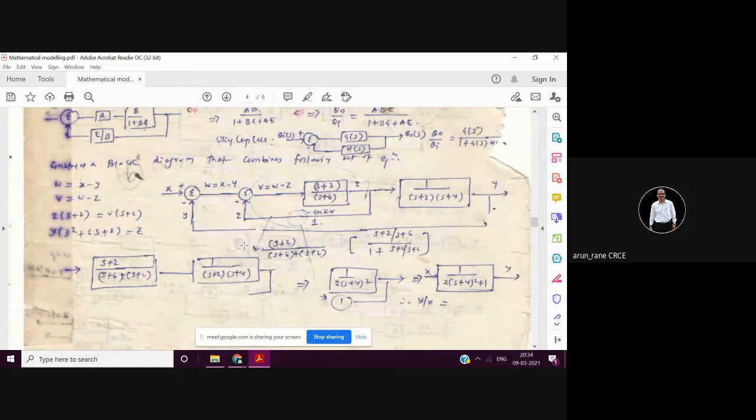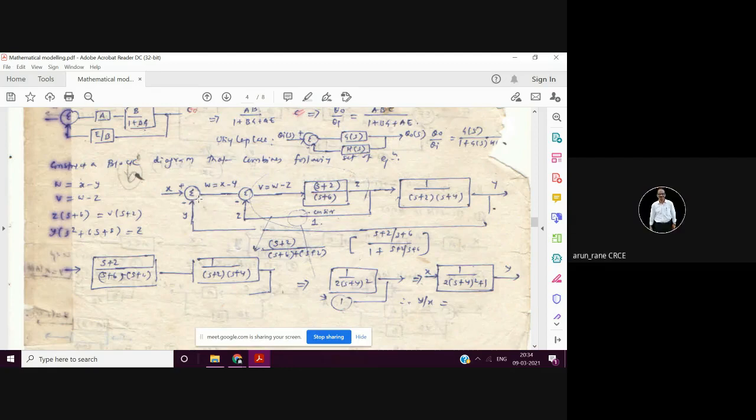So how to do that? Let us start with this one summing point. Okay, so this is positive and this is negative. We'll assume this as x and this as y. Forget about this. Only concentrate on this much portion. Don't worry about this.